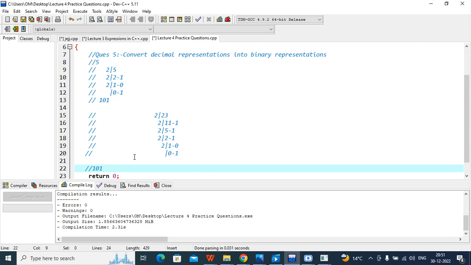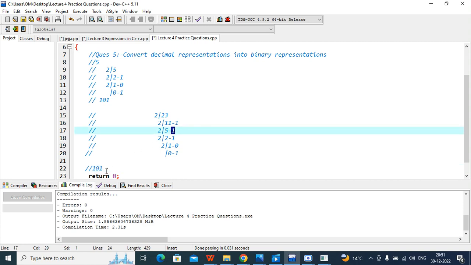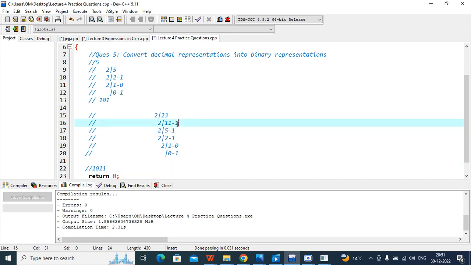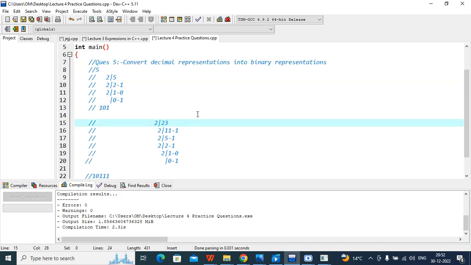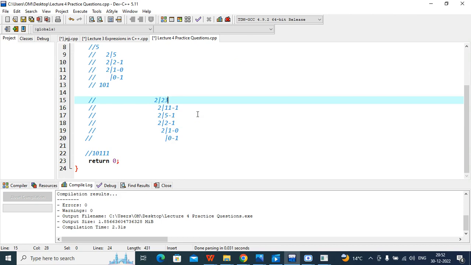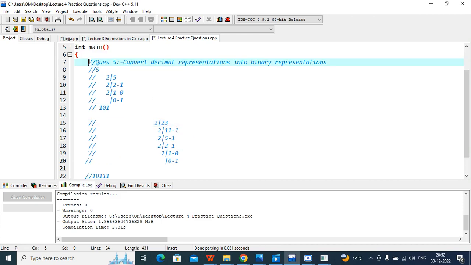This is 1. This is again 1. This is again 1, right? So this is your binary representation for the decimal value 23. Just take the LCM with 2 and start reading the remainders from bottom to top. I hope you all are clear with this calculation.